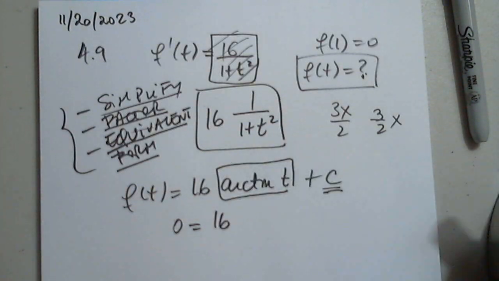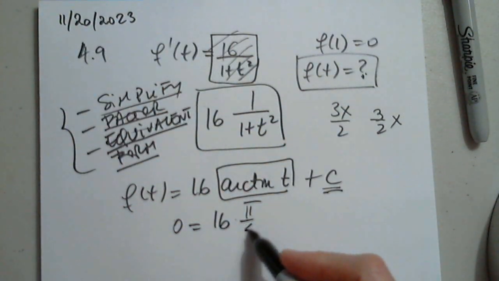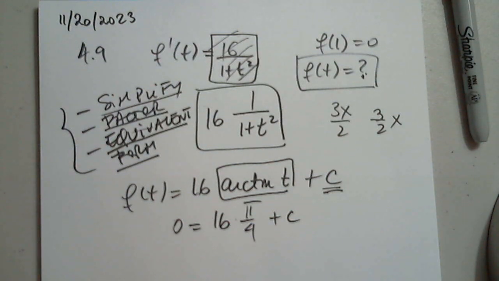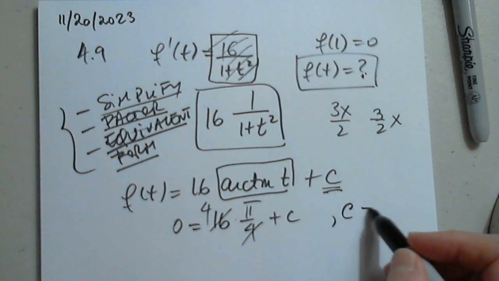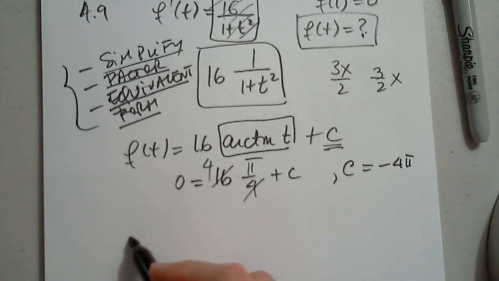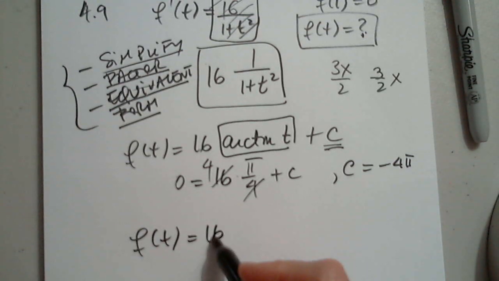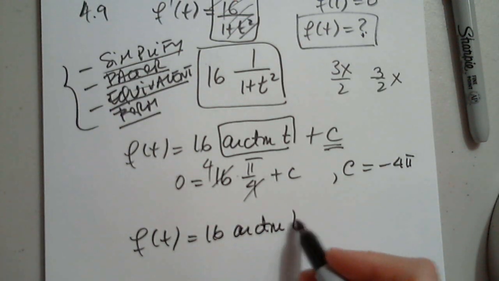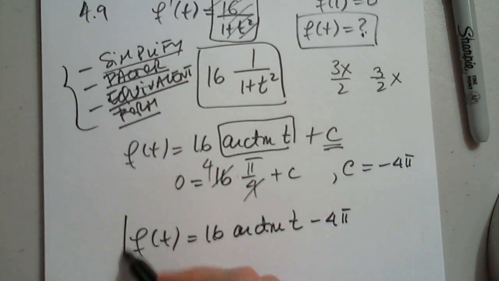That would be pi over 4. Exactly. So then 4 pi? Yes. So when I move 4 pi to the other side, c equals negative 4 pi. So then the function will then be f of t equals 16 arc tangent t minus 4 pi, and this is done.